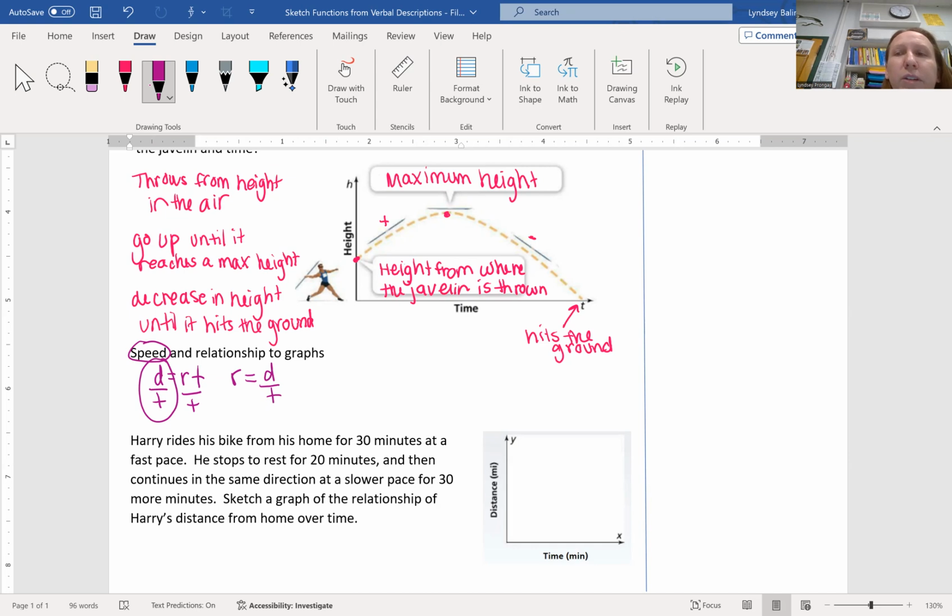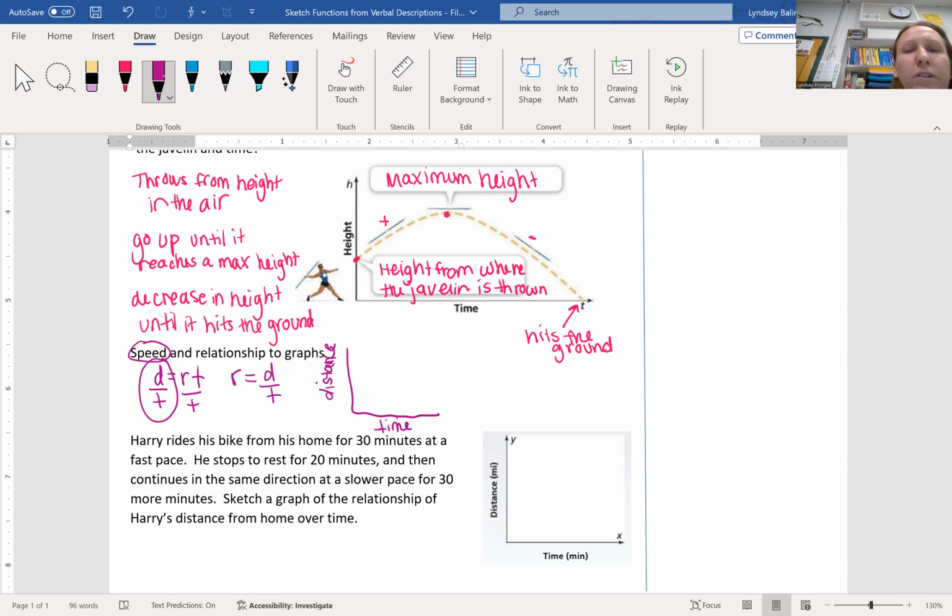So a lot of times you're going to encounter graphs where our x-axis is time. 1 second, 2 seconds, 1 minute, 2 minutes, and keep going. And then our y-axis represents distance, how far something travels.